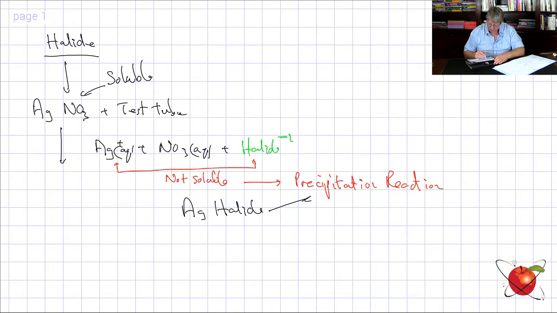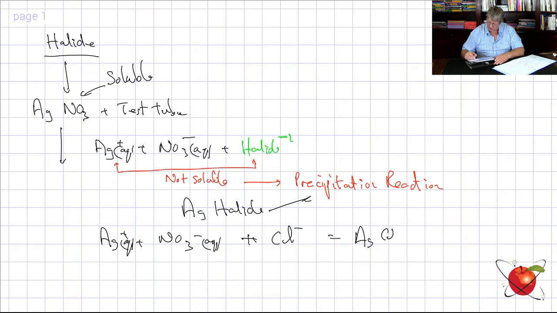Let's just put the equations down. Ag+ NO3-, all in aqueous. And let's say we have a Cl-, that goes to AgCl, solid, plus NO3-.